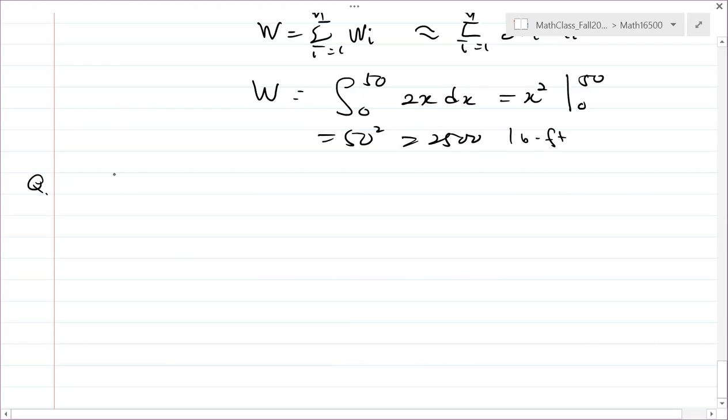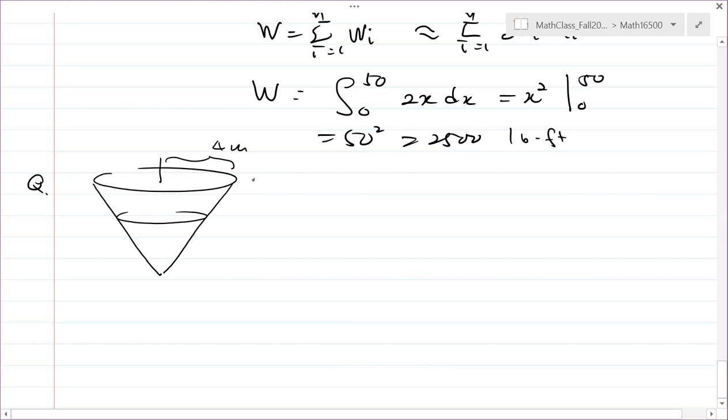So here's a cone-like container, and there is lots of water here. The dimension is 4 meters across, and it is 10 meters high.